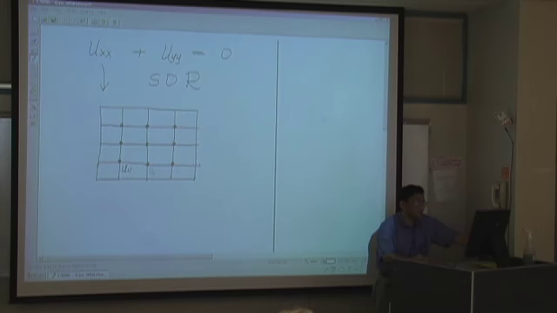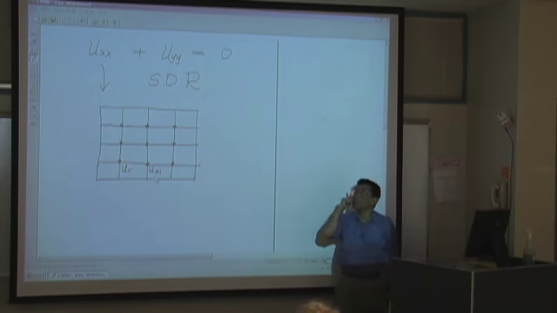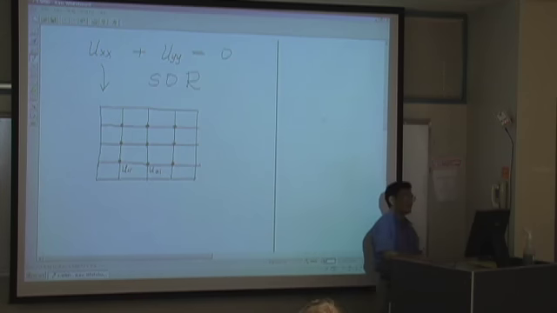Then we may call this u sub 1,2, which might be better if we consider row and column, but it doesn't matter. u sub 1,3. u sub 2,1. u sub 2,2. u sub 2,3. u sub 3,1. u sub 3,2. u sub 3,3.